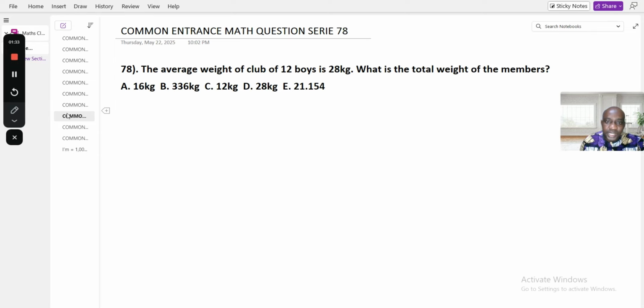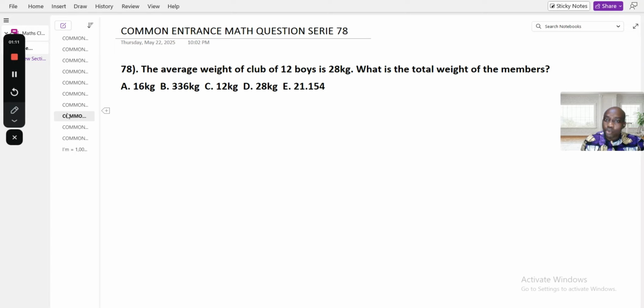The average weight of a club of 12 boys is 28 kilogram. What is the total weight of the members?